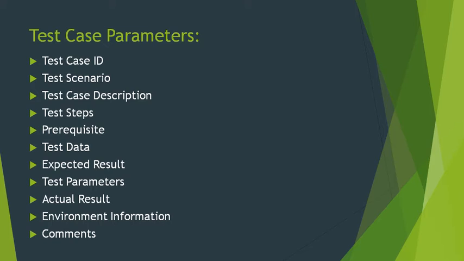The first is test case ID, second is test scenario, third is test case description, fourth is test steps, fifth is prerequisites, sixth is test data, seventh is expected result, eighth is test parameter, ninth is actual results, tenth is environment information, and eleventh is comments.